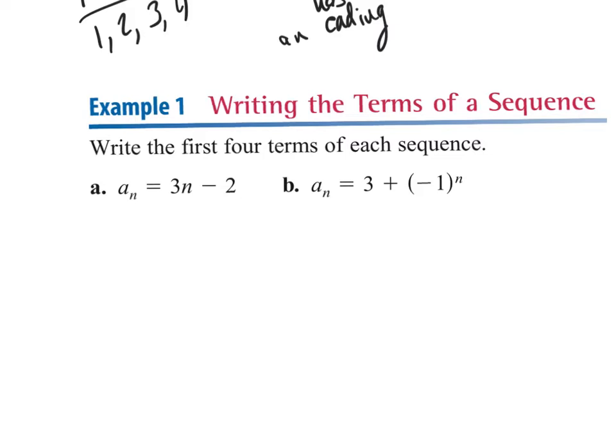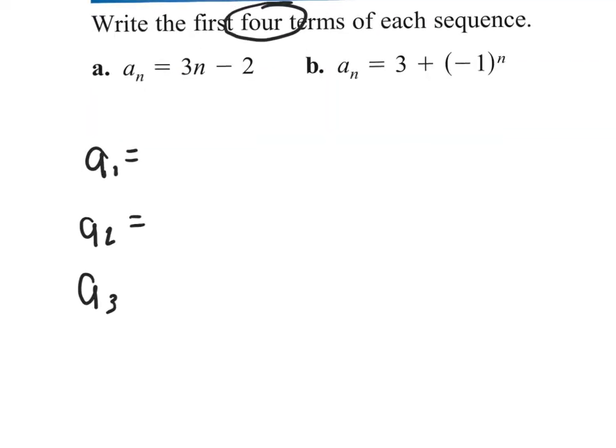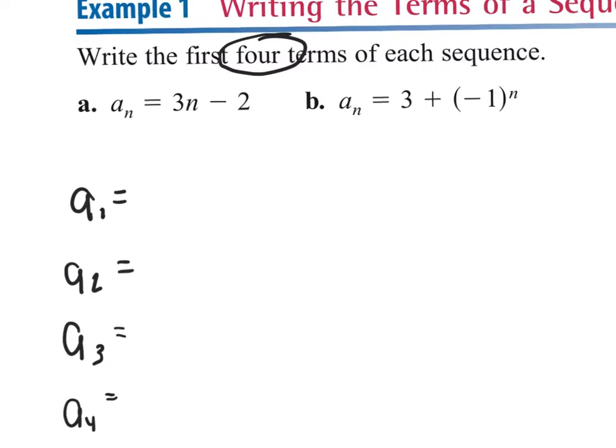So in this case, they're asking you to write the first 4 terms of each sequence. So all they're asking you to do is find the first term, the second term, the third term, and the fourth term. They mean plug in 1 for n, plug in 2 for n, plug in 3 for n, plug in 4. So in this case, you would say 3 times 1 minus 2.